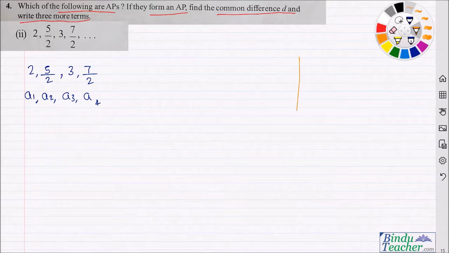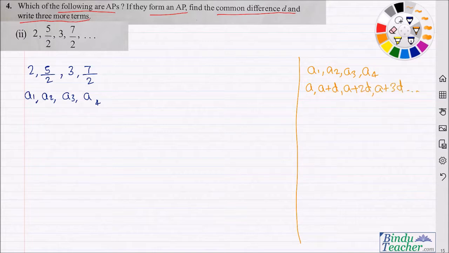For that, first we'll write the formula for arithmetic progression. A set of numbers A1, A2, A3 and A4 are said to be in arithmetic progression if they are of the form A plus D, A plus 2D, A plus 3D and so on.